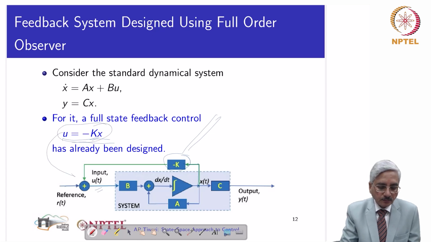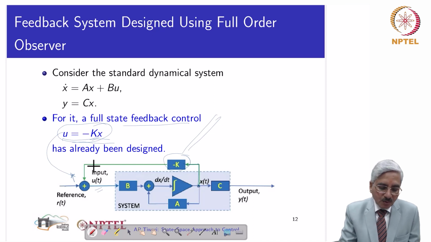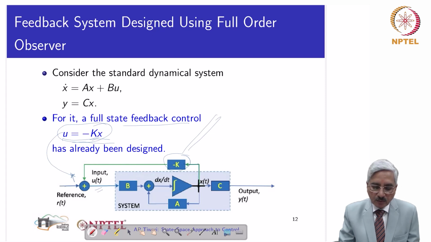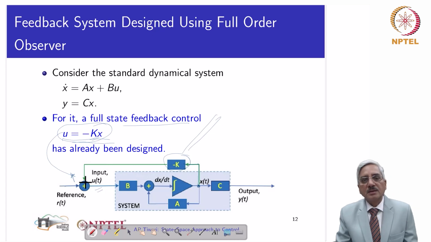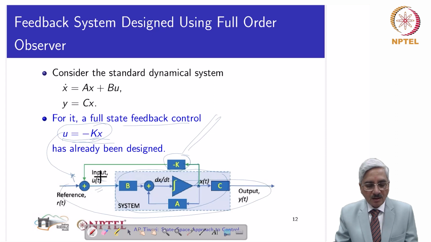So we designed the state feedback with the assumption that states will be available for feedback and the system closed loop will be implemented like this. This state will be tapped, multiplied through the gain K, and fed back at the input terminals. And this is of course the open loop system. If this was not done, then this is the open loop. Rest of the thing is representing the open loop system. So we designed the full state feedback control with that premise in mind.